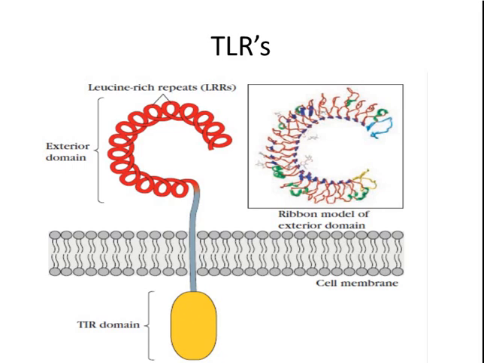While self-nucleic acids usually do not activate the intracellular pattern recognition receptors, under certain circumstances, such as when bound by anti-DNA or anti-chromatin antibodies in individuals with autoimmune diseases like lupus erythematosus, they can be endocytosed and activate endosomal or lysosomal toll-like receptors, contributing to the disease.